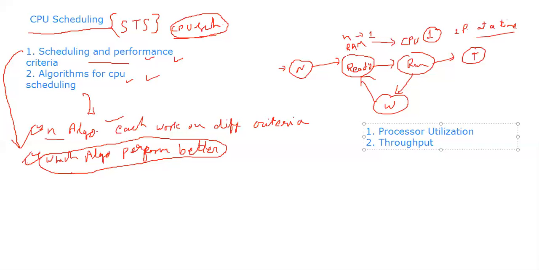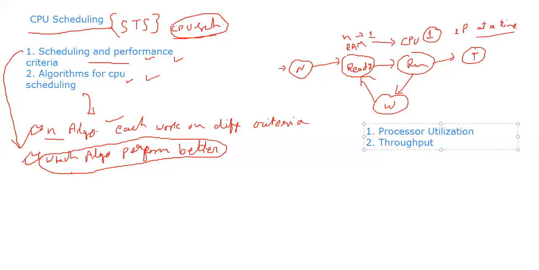I'll discuss how to mix processes and what the different kinds of processes are after one or two videos, once we focus on algorithms. Then I'll explain the different types of processes and how to mix them.